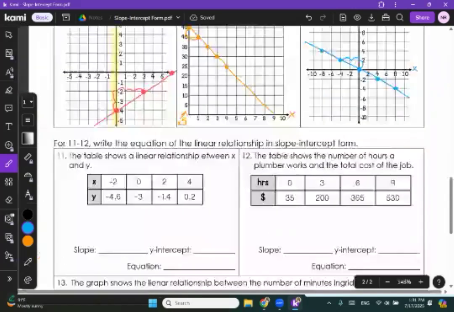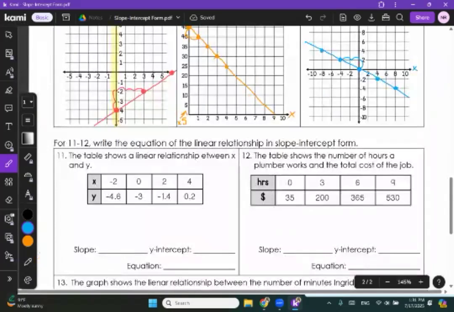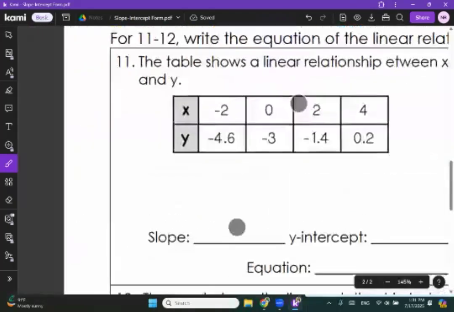For number 11, it says write the linear equation in slope-intercept form. This time we're not provided graphs, right? So in order for us to get the information that we need, we need another method. When we don't have graphs, what do we use? No graph, we use the slope formula, okay?